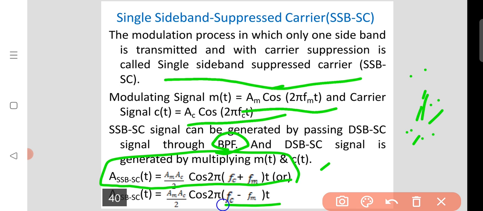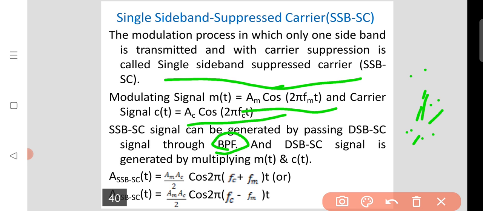If you want to send the lower sideband, the equation is Am Ac by 2 cos 2 pi (fc minus fm) t. I hope you understand this concept clearly. The single sideband suppressed carrier equation is either the upper sideband or the lower sideband.